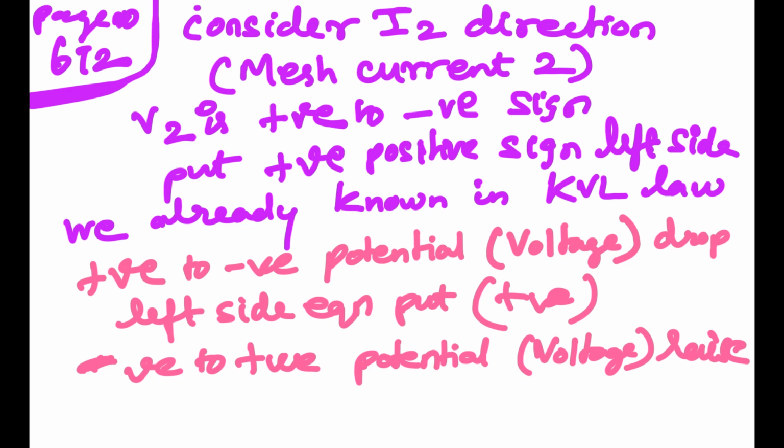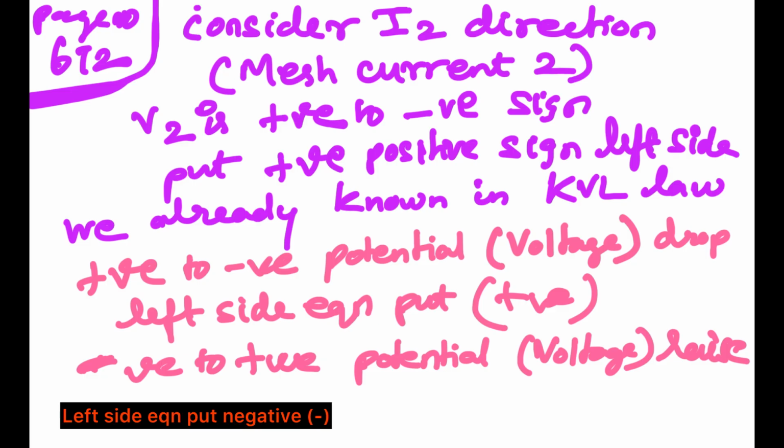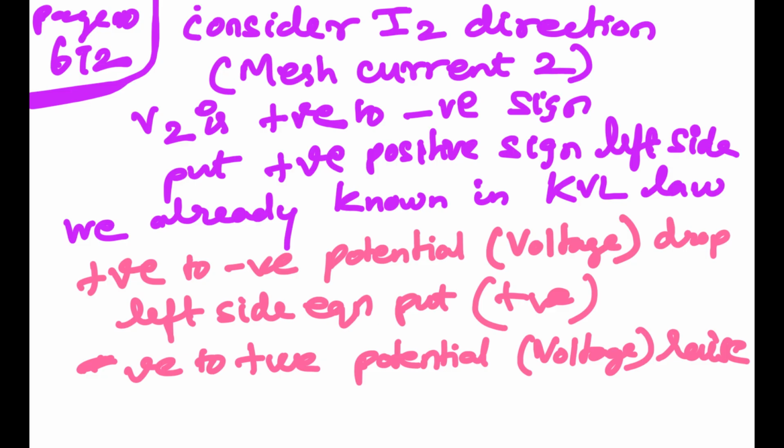Negative to positive potential is a voltage rise, so put a negative sign on the left side of the equations. That is important.